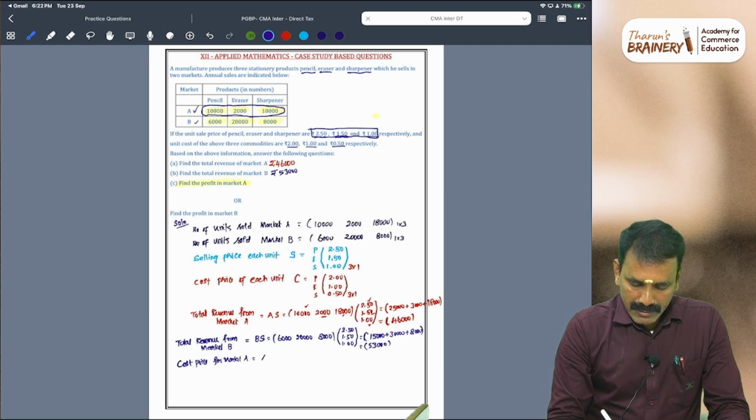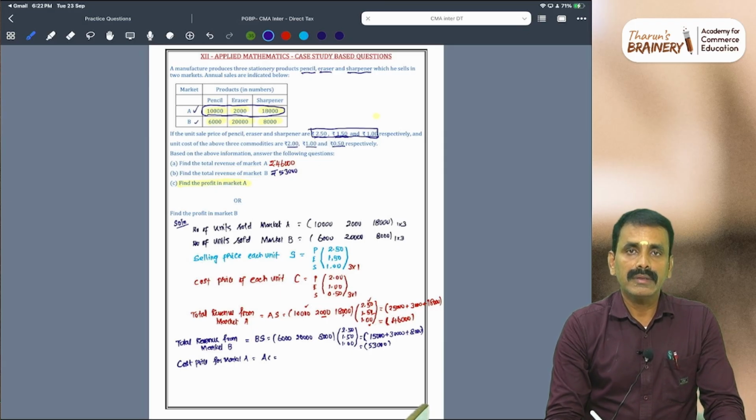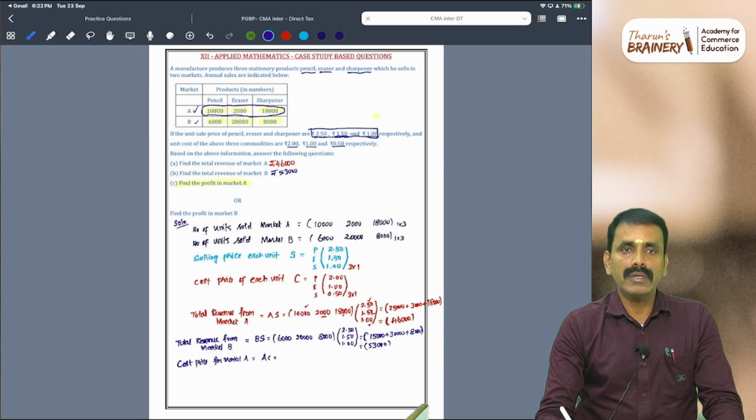A matrix should be multiplied with the C matrix. A multiplied with the C. The number of units sold in market A should be multiplied with the corresponding cost price of the product.